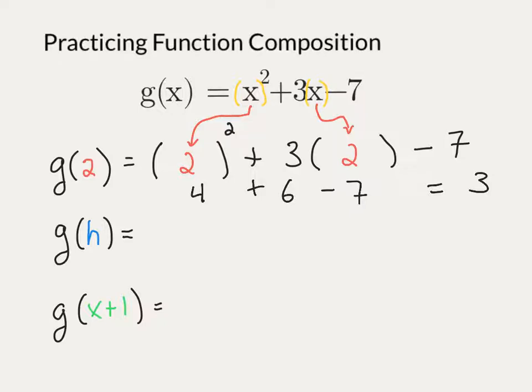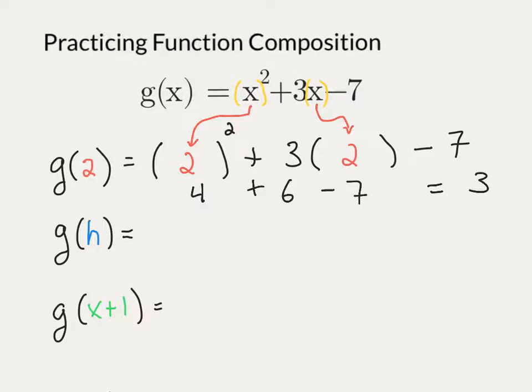So let's take a step further, and instead of having a number that we're plugging in, my next step is to plug in a letter. All of this is going to look exactly the same except that I'm not going to write out these numbers because there won't be any. So I set up my roadmap.